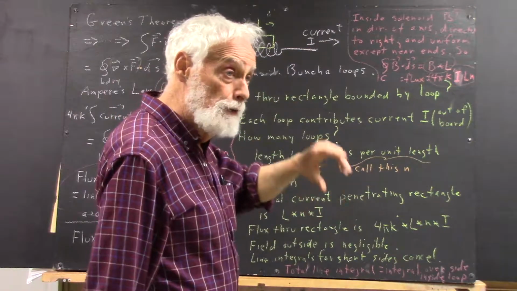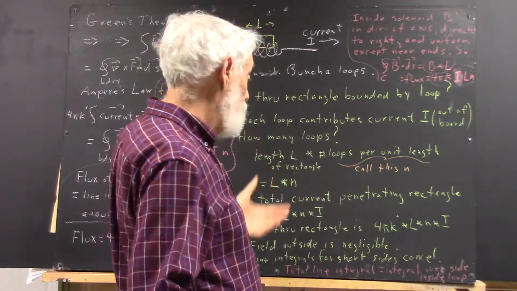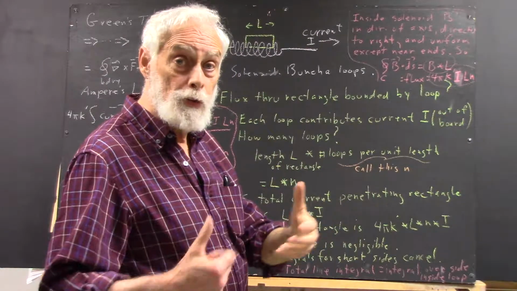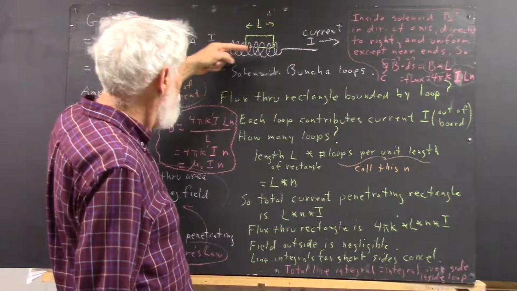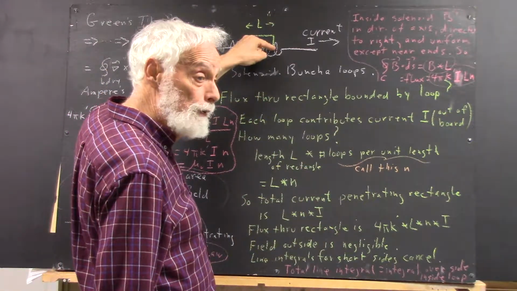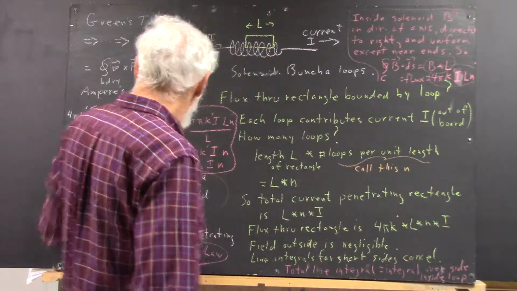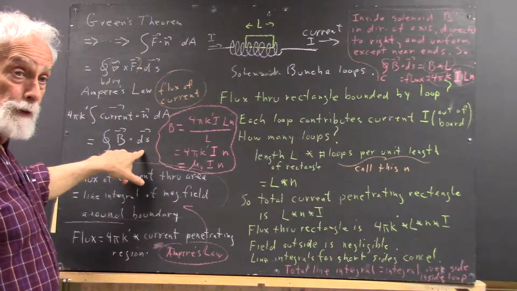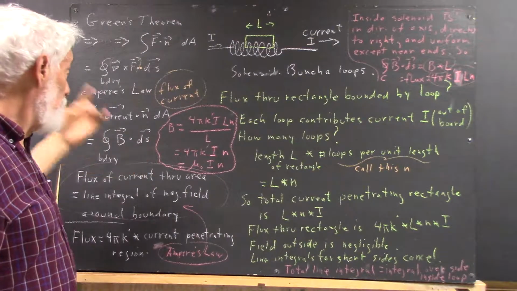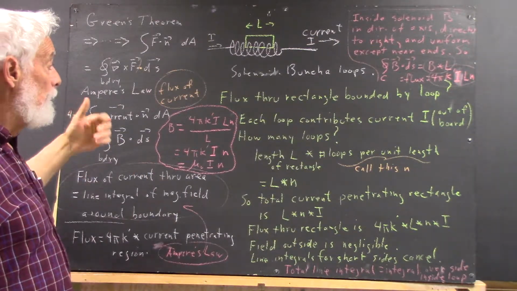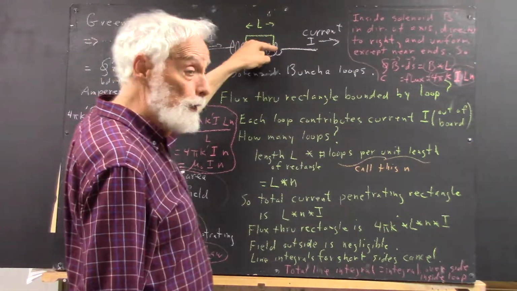The magnetic field, again by symmetry arguments, is pretty much uniform inside the solenoid and parallel to this side. So our line integral of B dot ds here is just going to be magnetic field B times the length of this rectangle.